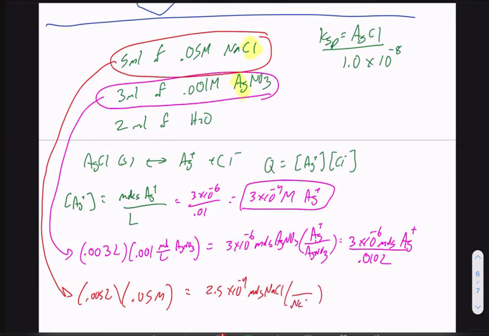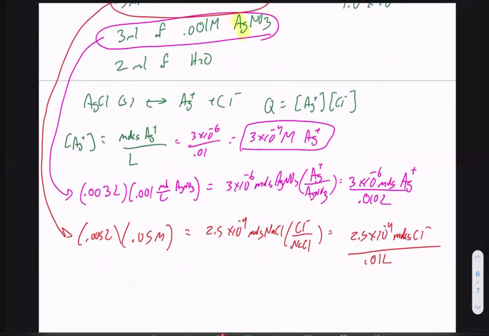The sodium does not matter here, so it's 2.5 times 10 to the minus 4 moles of Cl divided by 0.01 liters. So it's going to be 2.5 times 10 to the minus 2 molar Cl minus.